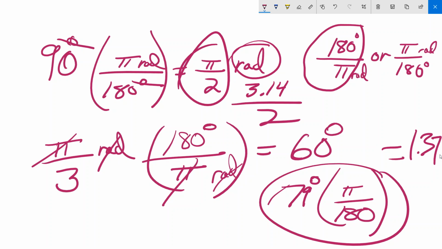It is not like converting yards to meters or miles to kilometers. Those are all just different measurements of the same unit. Radians and degrees aren't quite like that. You can definitely convert any degree measurement into radians, and any radian measurement into degrees using one of these two conversion factors.